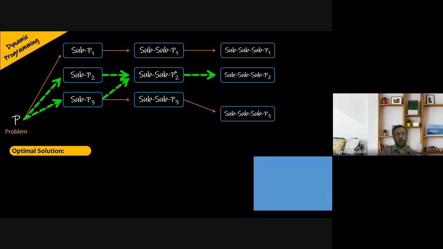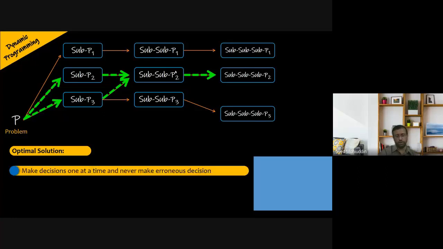Then the optimal solution which we have to find, there may be several solutions like in the greedy approach, but we need to find the optimal solution. The optimal solution we need to find will be the decisions that are made at each level, one at a time. And as I said earlier with the knapsack problem, we assume that every time a decision is made, it's a correct decision and not an erroneous decision.